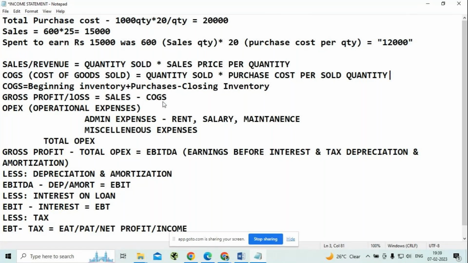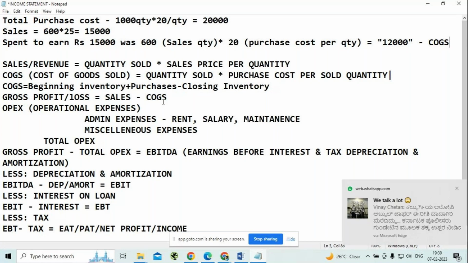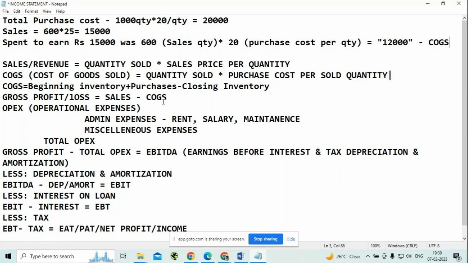This is called COGS, that is cost of goods sold. So how much profit did we earn? Is it 20,000 minus 15,000, or is it 15,000 minus 12,000?